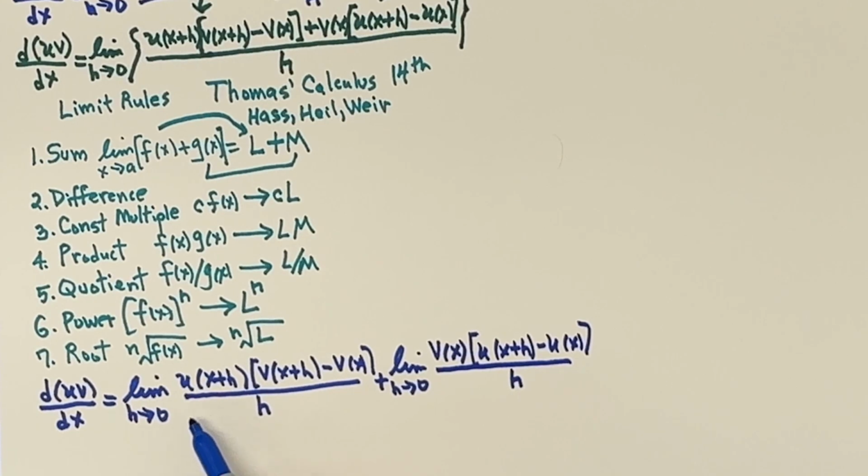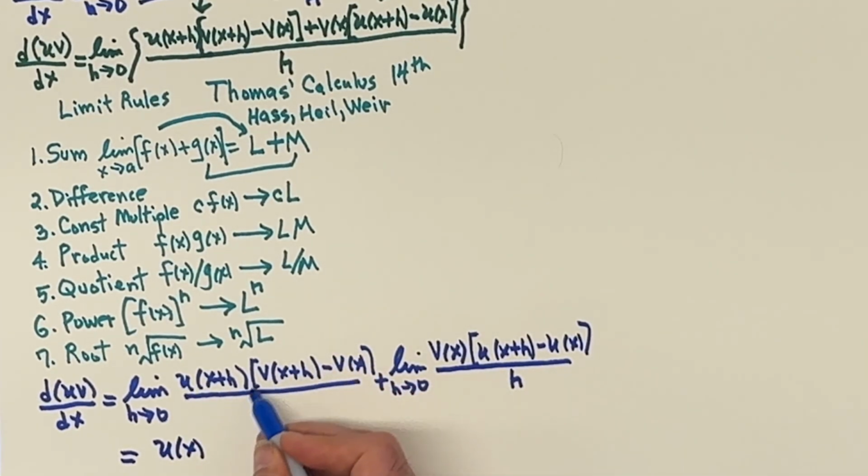And now I'm not going to write out the product rule for limits where you would take the limit of this one times the limit of the second one. I'm just going to write it down here in one step, that this would get you u of x, and this would be the derivative of v of x with respect to x.